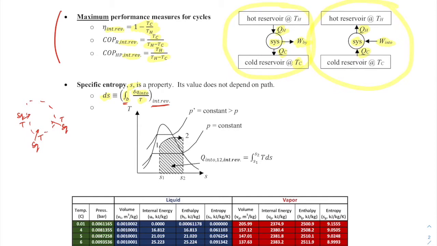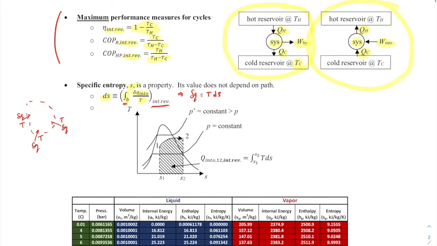And just from that definition, if you do some rearranging of that expression, let me just do a quick rearrangement for one particular place where heat's coming in. Rearranging that equation to write it as dq equals T ds.